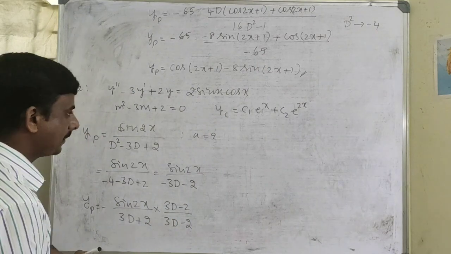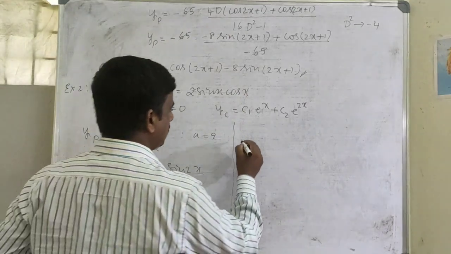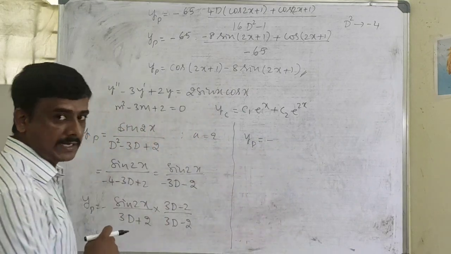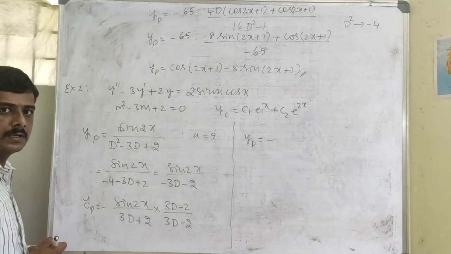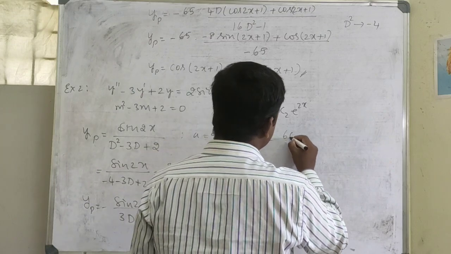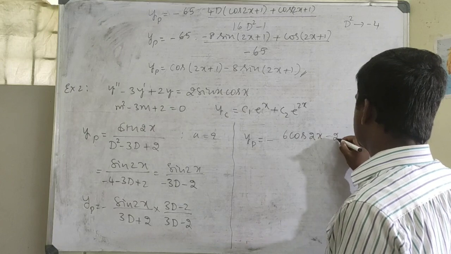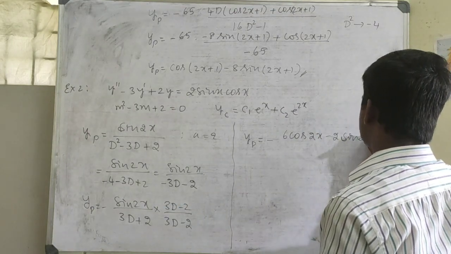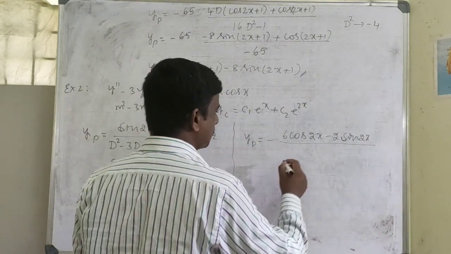Now it will be, minus I have kept outside, 3 into d of sin 2x. So 3 into derivative of sin 2x. Derivative of sin 2x is 2 cos 2x. So into 3, 6 cos 2x minus 2 sin 2x divided by 9d square minus 4.